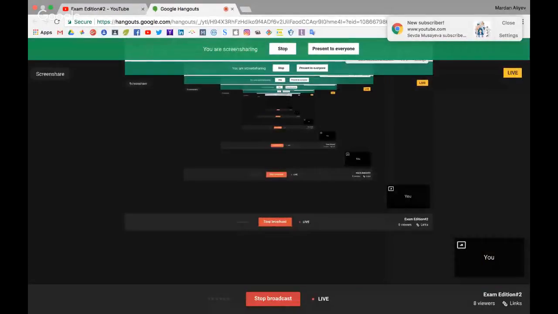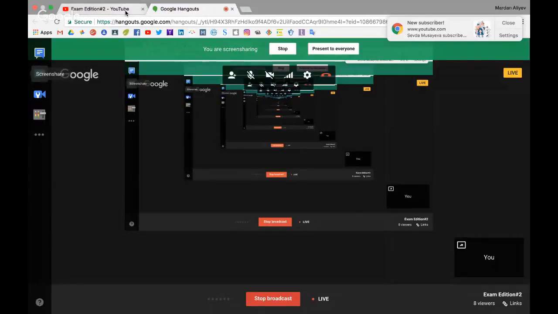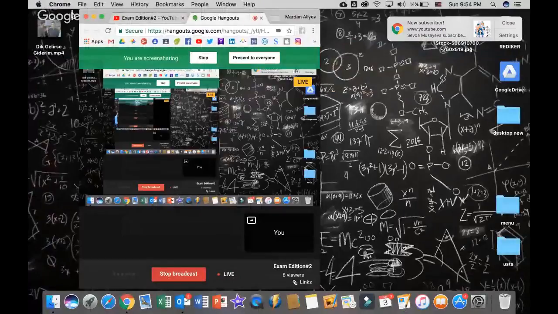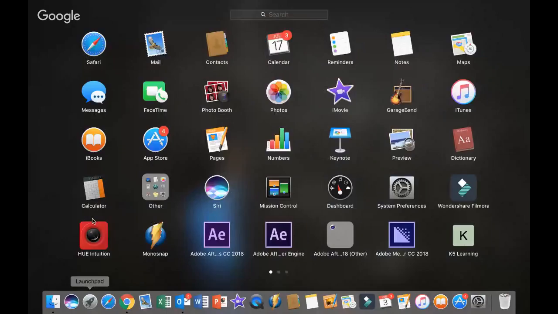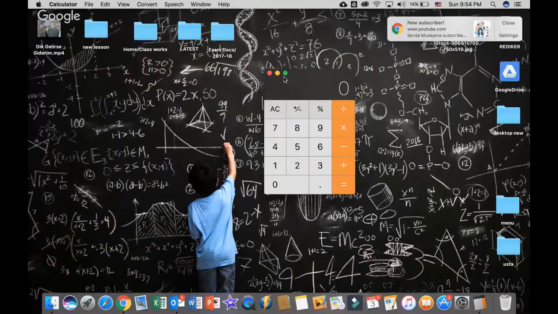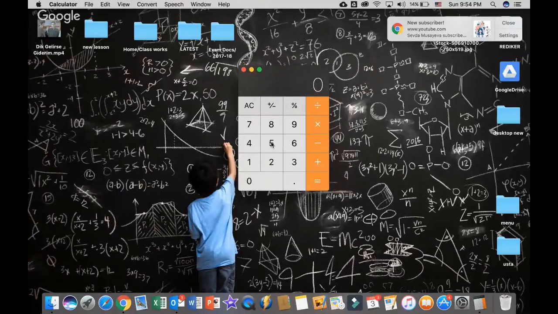For doing this, I need to just take 5 divided by 12, which is this one, 0.41666 like this, and multiplied by 100.